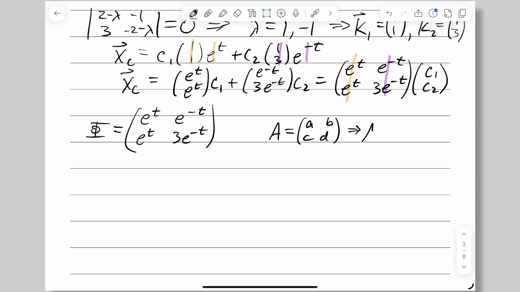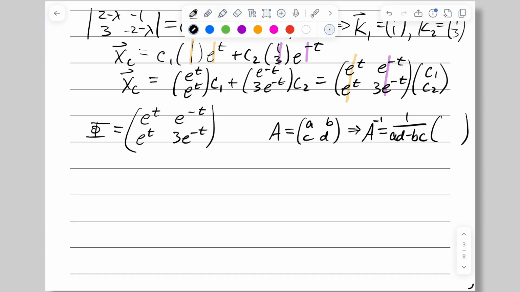Then A inverse is equal to 1 over ad minus bc, the determinant of A, times a matrix where we take the upper left and lower right entries and change places, and in the upper right and lower left, we change their signs.